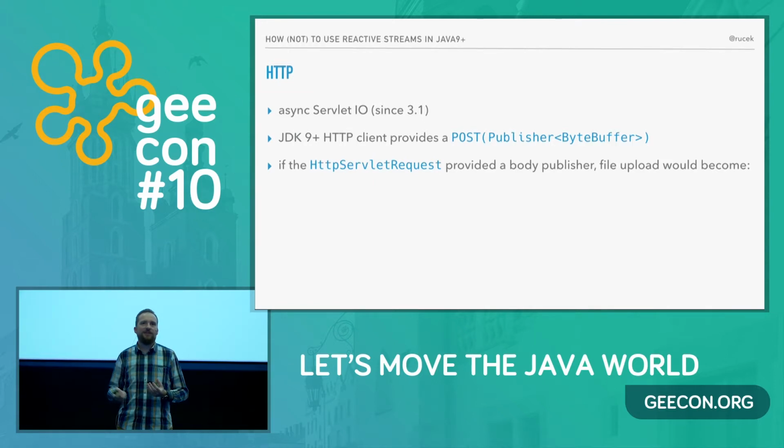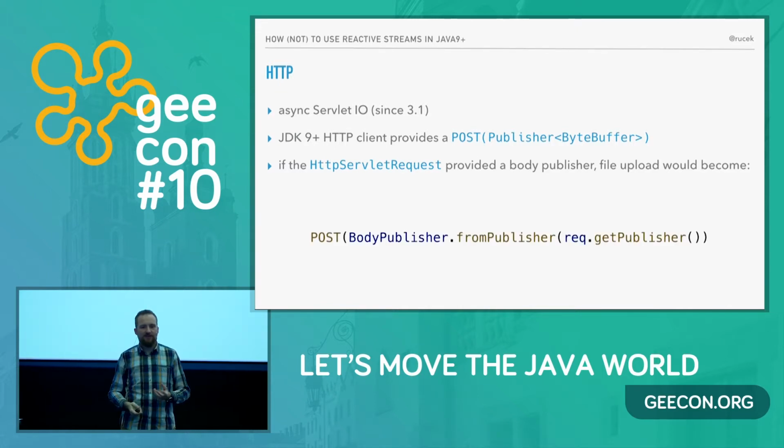So now, if you imagine that the servlet API also exposed something like a publisher, so that you could get a servlet request and have the contents of the body as a publisher, and then you would like to upload a file, for example, using this API, then using the reactive HTTP client from JDK 9, you would actually be able to do something like that. So just take those two publishers, connect them together, and it's just going to work.